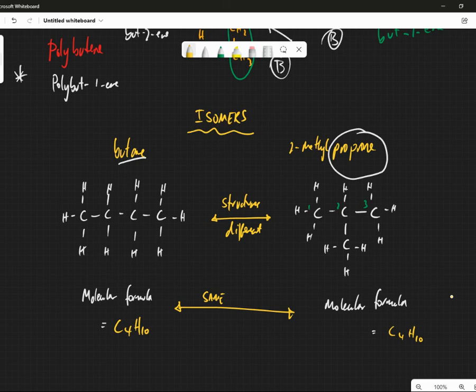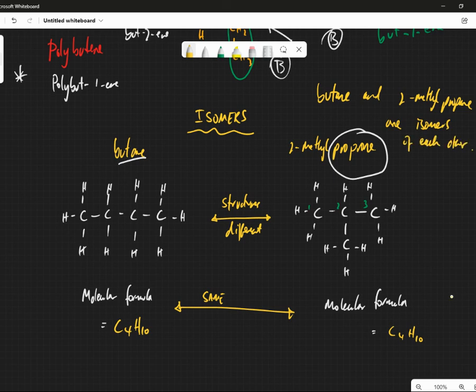Now, how would we describe this then? Could you call 2-methylpropane butane? No. You would say butane and 2-methylpropane are isomers of each other.